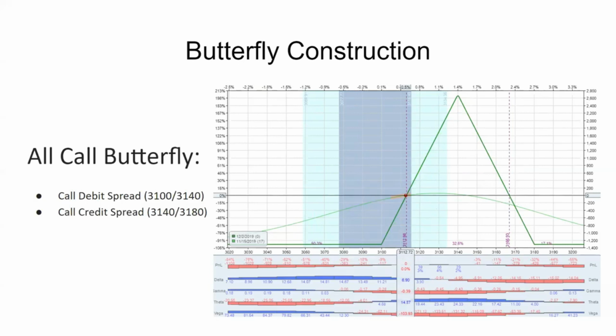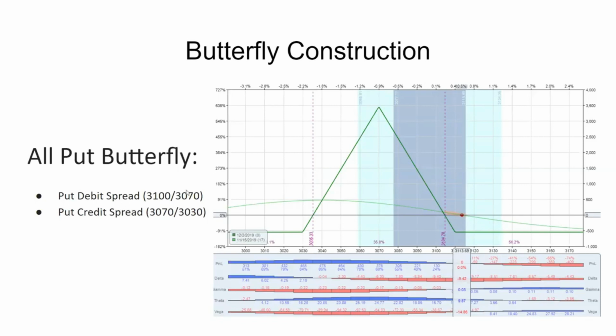Now we can say the same thing about using an all put butterfly. So let's say we were bearish on the price of SPX in the near term, and we wanted to put on a directional butterfly, we would construct this butterfly using all puts, and this butterfly would be put together by buying a put debit spread, which is 3100, 3070.